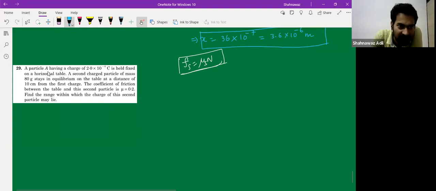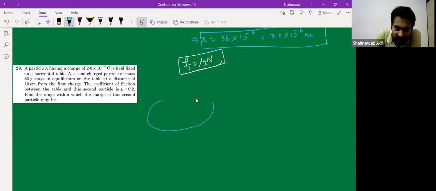A particle A having a charge of 2 into 10 to the power minus 6 coulomb is held fixed on a horizontal table.